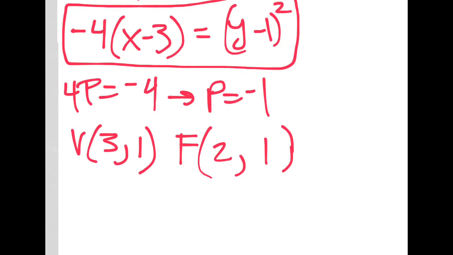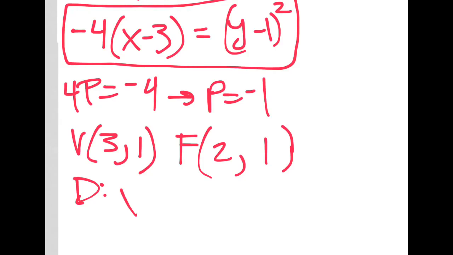Now, if I go that p-value in the other direction, you get your directrix equation, which, how are we going to find that? Well, again, you got to think about your parabola. It is horizontal, which means it's running sideways, which means the axis of symmetry is horizontal, which means the directrix is vertical, because they will always be perpendicular. How do you write the equation of a vertical line?